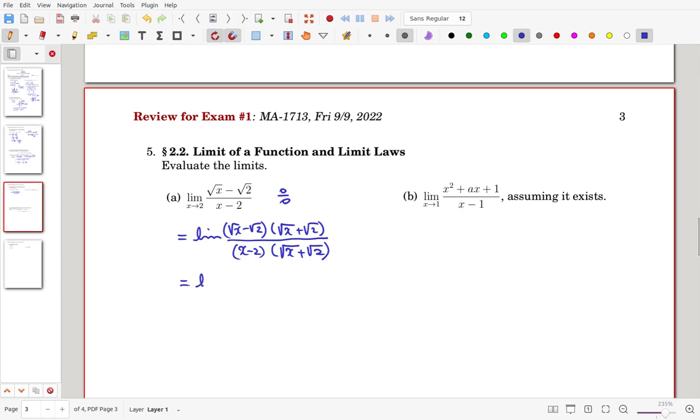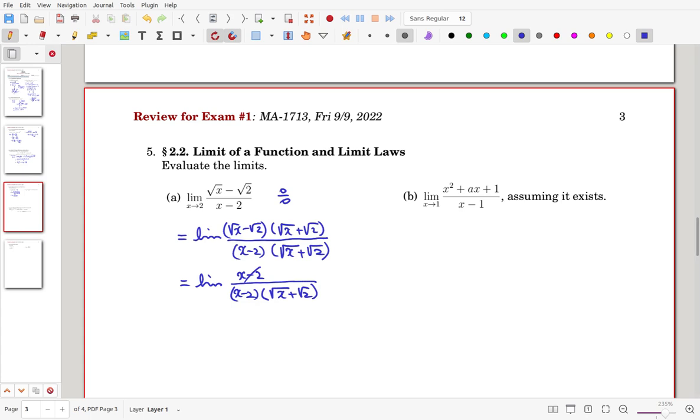And here the top becomes a minus b times a plus b, which is the same as a squared minus b squared, which is now x minus 2. Divide by, now bottom we have x minus 2, and another part is square root of x plus square root of 2.